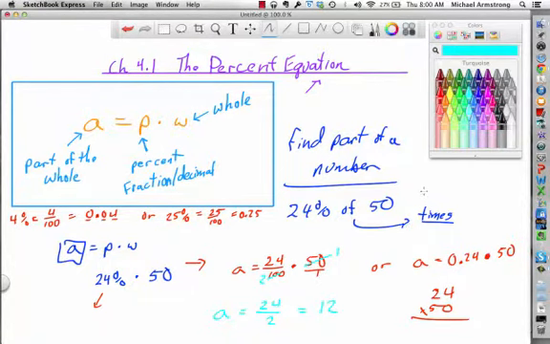And if we were to just look at a bar that shows 50, if this is 50, then 100% of 50 is right here, and that would be 50. And 50% of 50 would be here, which would be 25. Does that make sense? 25 would be half of that, and 50 would be 100%.